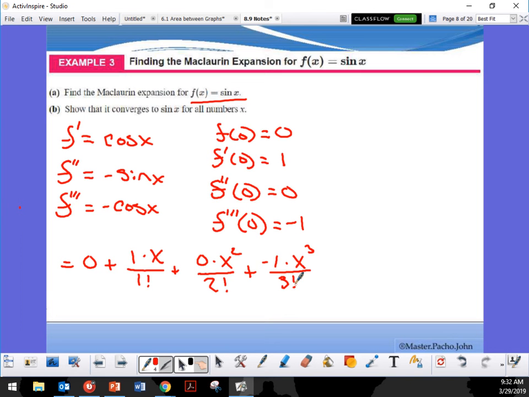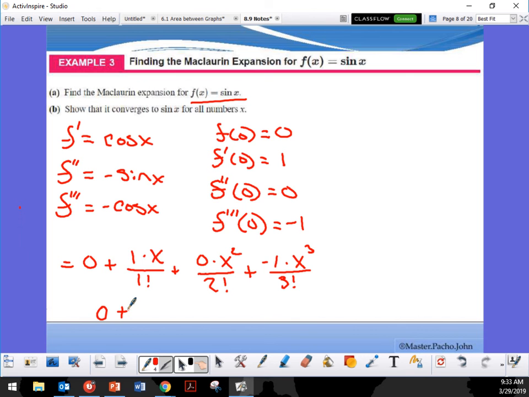Okay, we good, right? Now let's do a little bit of math to actually see what we get here. So my terms now are going to be 0, right? Plus x over 1.